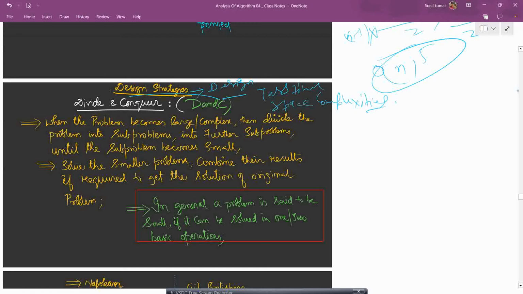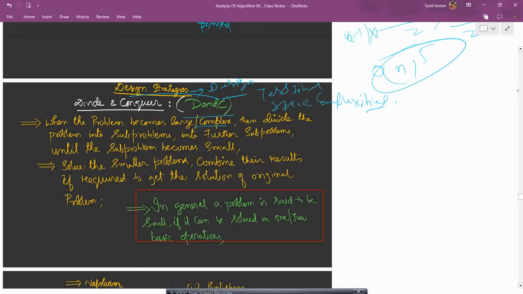When the problem becomes large and complex, then divide the problem. So the first strategy is divide and conquer. What is the divide and conquer strategy? When the problem becomes large or complex, then divide the problem into subproblems, and into further subproblems, until the subproblems become really small.